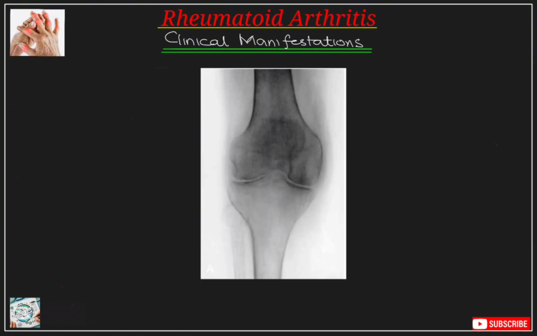After the small joints, let's move on to the large joints like knees, ankles, hips, and shoulders. In rheumatoid arthritis, these joints are characteristically affected symmetrically, meaning both sides of the body are involved in a similar pattern. For example, let's look at this X-ray of a knee joint. You can see a symmetrical joint space narrowing, meaning that the cartilage loss is happening evenly across the entire joint surface.